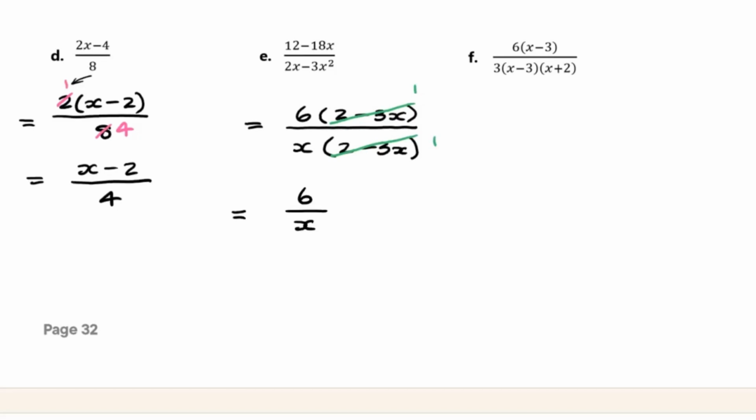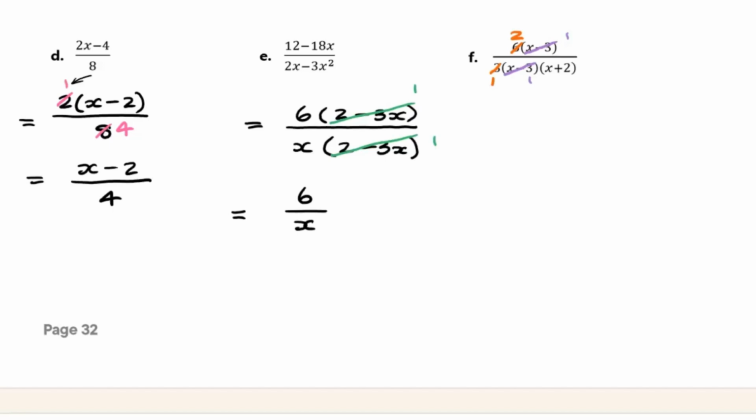Okay, in the next example, I notice that things have already been put in brackets for us. And remember, we're allowed to cancel entire brackets, so we could cancel down this x minus 3 and x minus 3, 1 and 1. Notice we've also got that 6 and that 3, so 3 goes into 3 once, and it goes into 6 2 times.